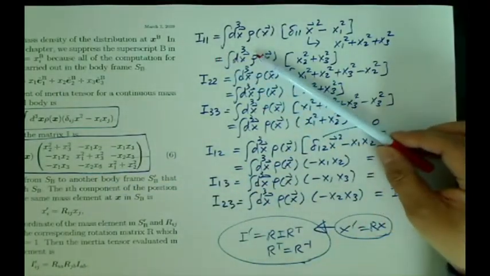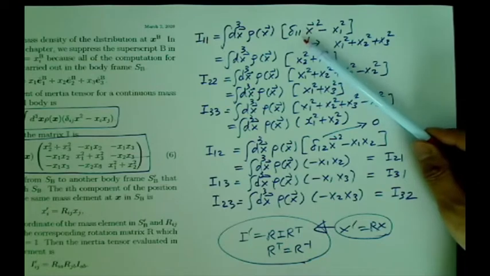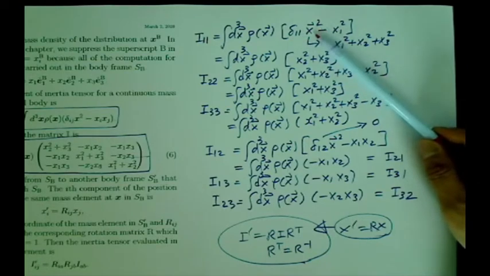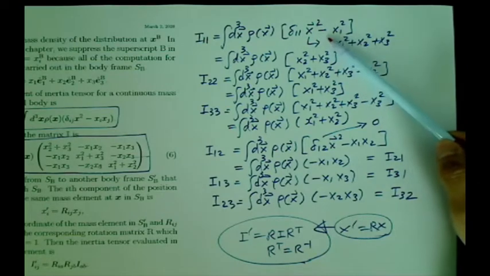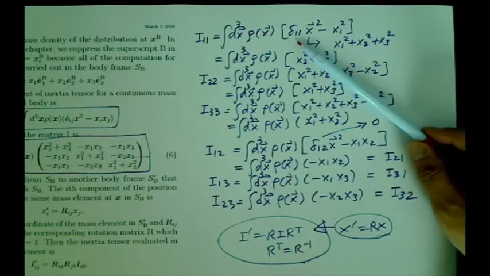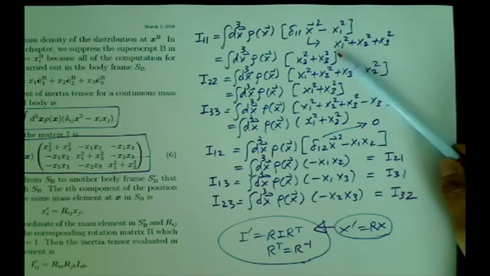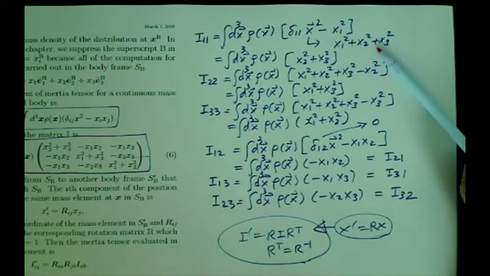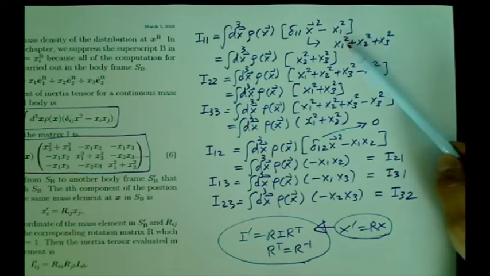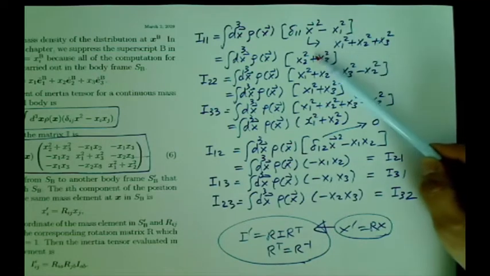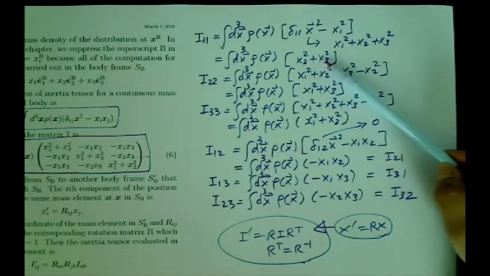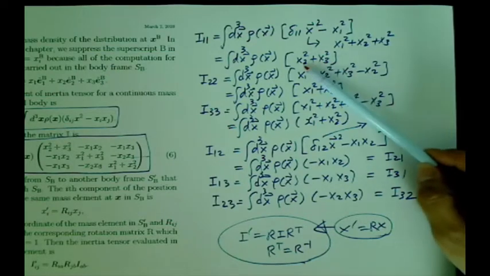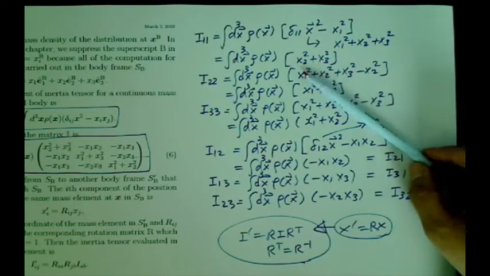I11 has delta_11 x squared minus x1 squared. Delta_11 is 1, and x squared is x1 squared plus x2 squared plus x3 squared. If we subtract x1 squared, we have x2 squared plus x3 squared. That means it is the perpendicular distance squared from the x-axis.